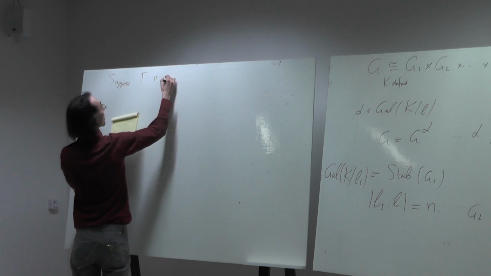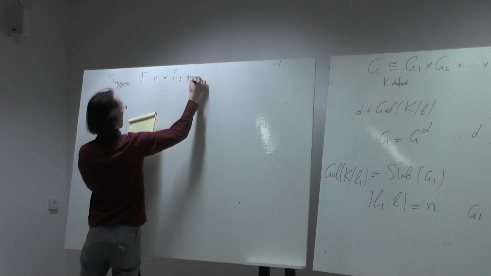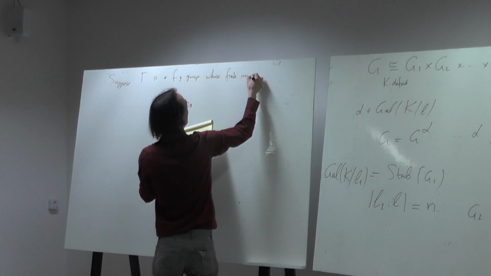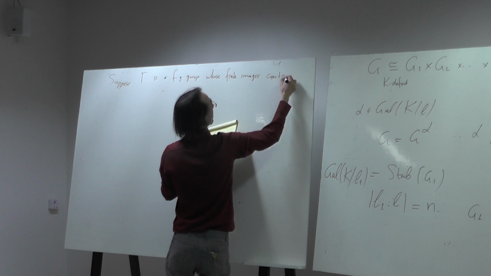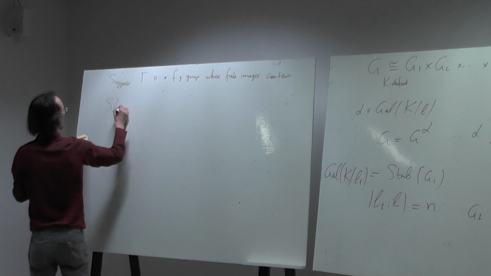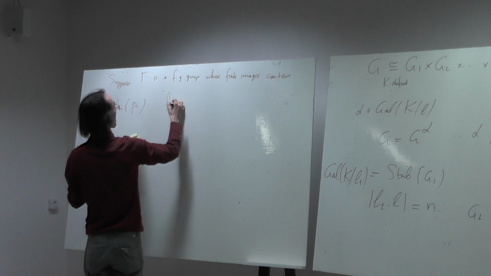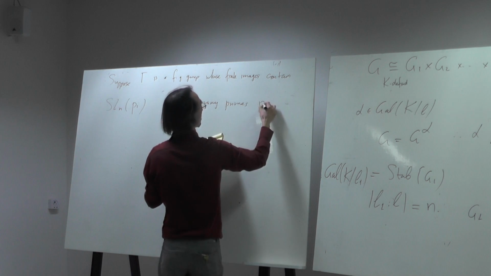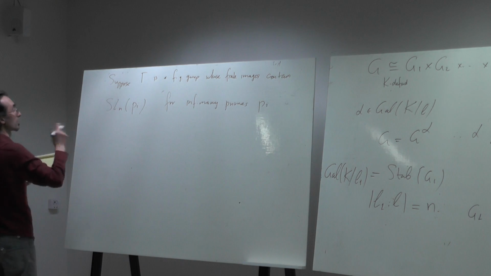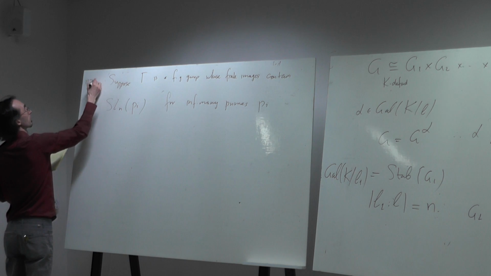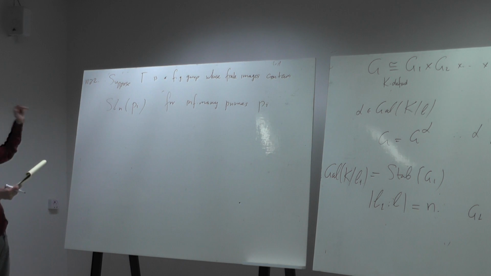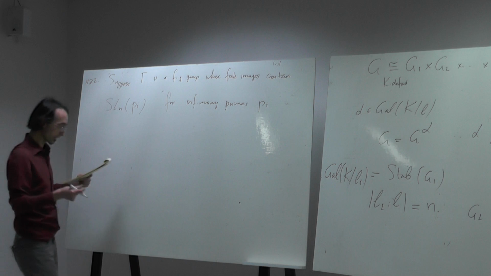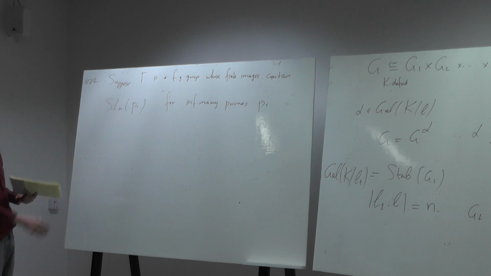Suppose gamma is a finitely generated group whose finite images contain SL_n(F_p) for infinitely many primes p, and n is fixed, some integer. Suppose that infinitely many SL_n over F_p appear among the finite images of gamma. Then the claim is that gamma actually has a lot of other images.